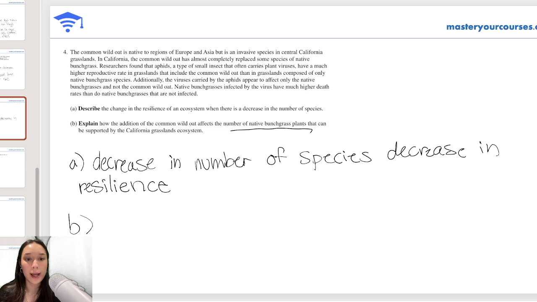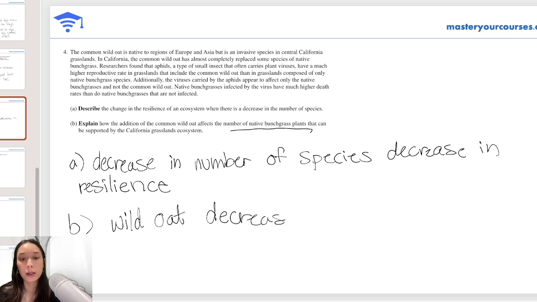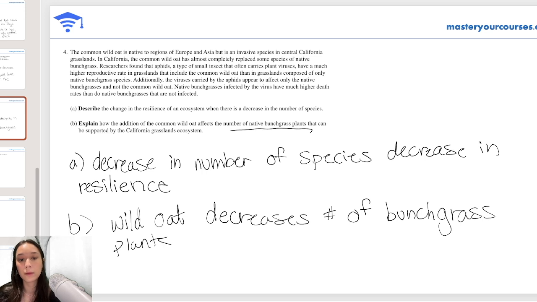So I would say that the wild oat decreases the number of native bunchgrass plants that can be supported.